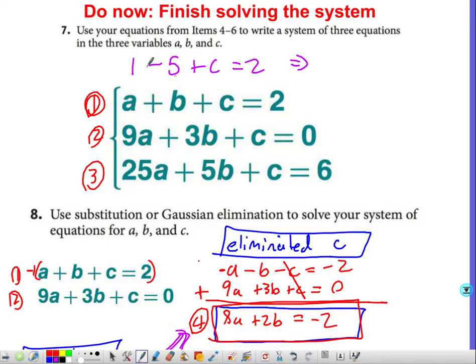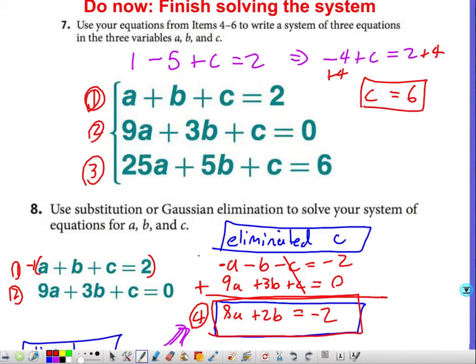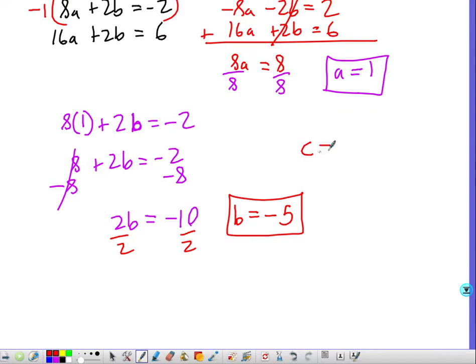Let's simplify that. What is 1 minus 5? Well, that's -4 plus c is equal to 2. Let's just do some simple math here by adding 4 to both sides, and so we have c is equal to 6. There we go. We solved the system using elimination.